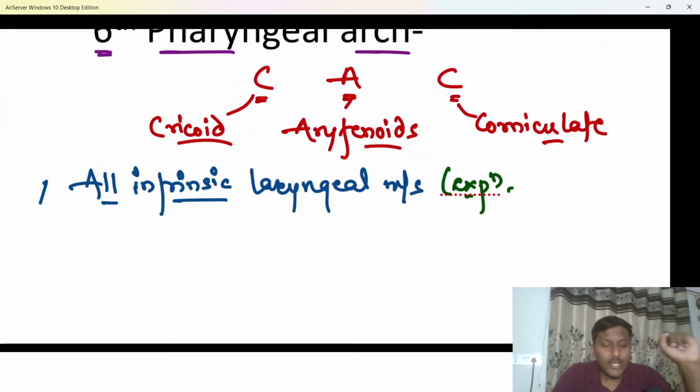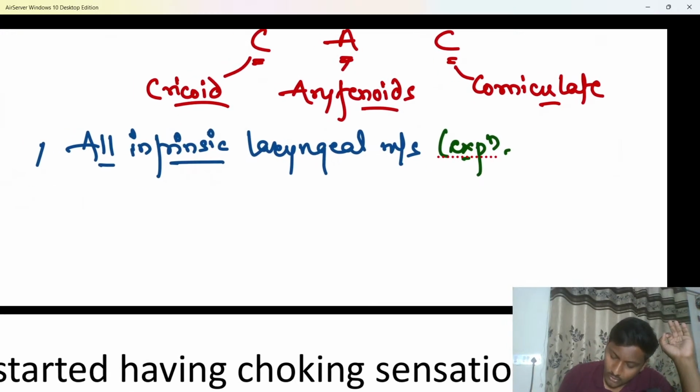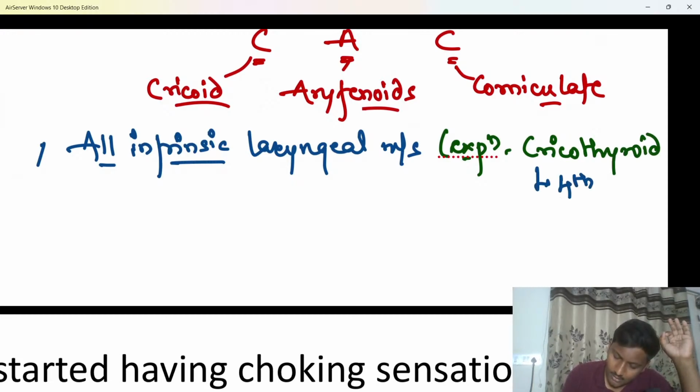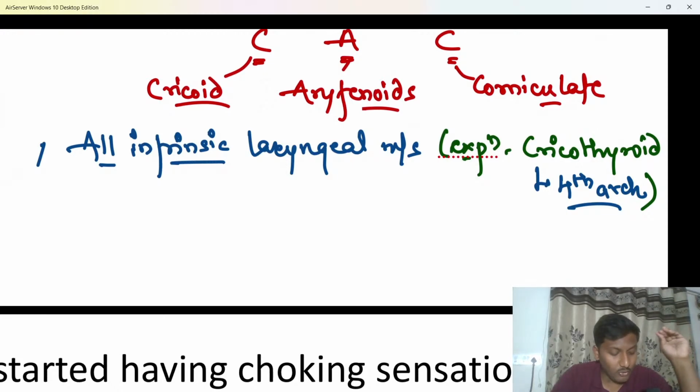Second point, all intrinsic laryngeal muscles are derived from the sixth pharyngeal arc except cricothyroid. This cricothyroid, though it is an intrinsic laryngeal muscle, is still derived from the fourth arc, beta. So all intrinsic laryngeal muscles are derivatives of the sixth pharyngeal arc except cricothyroid, which is a derivative of the fourth pharyngeal arc.